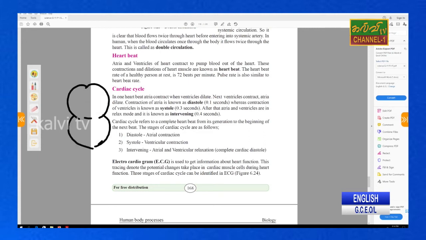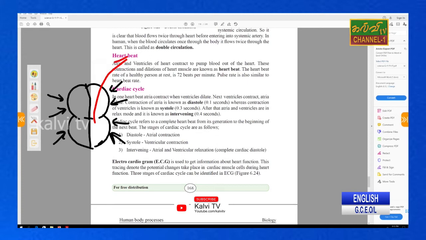When the heart contracts, what happened? Actually, the blood is pumping to the organs. This is going to the body. On the other side, at the same time, this is also pumping to the lungs. This is to the body.